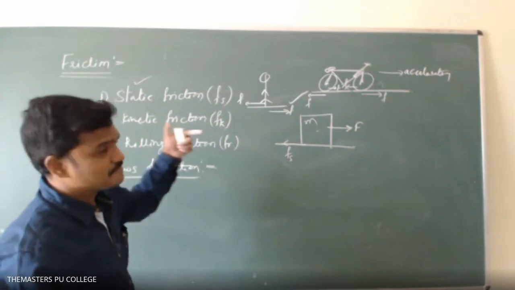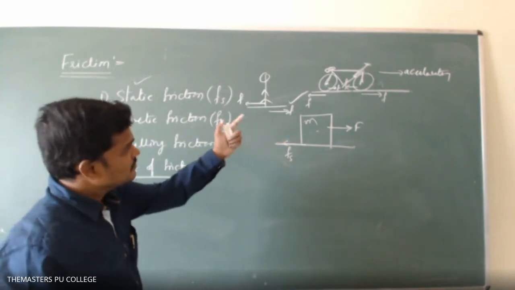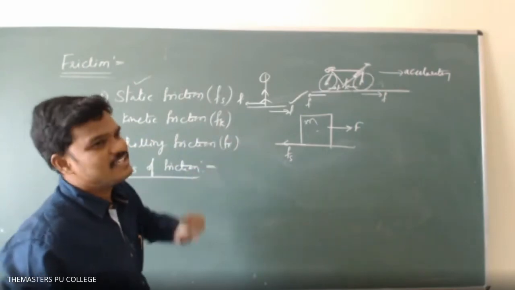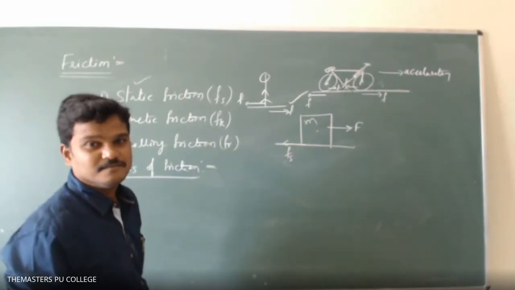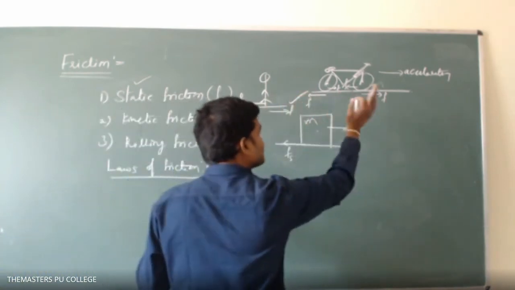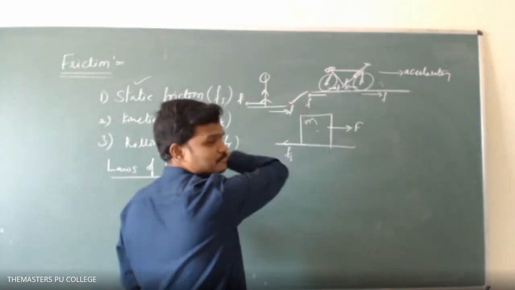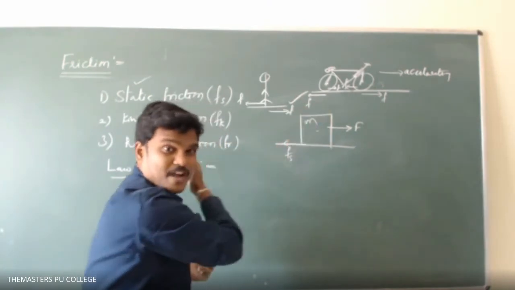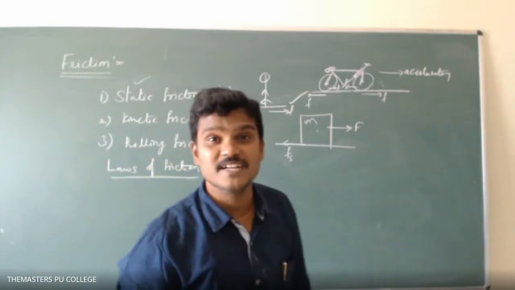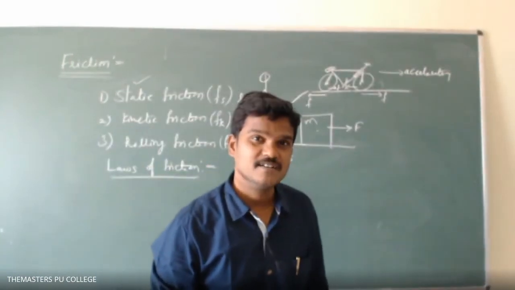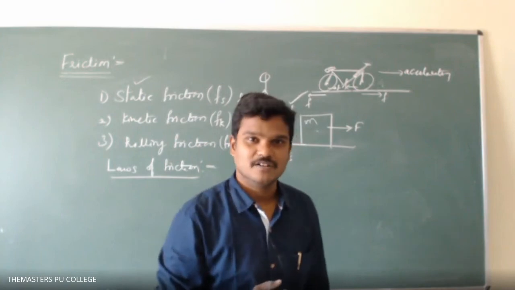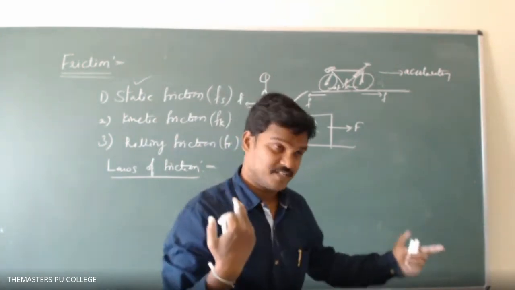If the vehicle is decelerating, then the front tire frictional force is backward, and the back tire frictional force is also backward. Both frictional forces backward means, after traveling some distance, the vehicle comes to rest, because both are acting in the same direction.